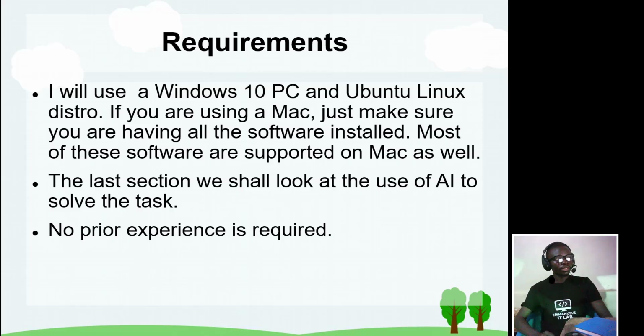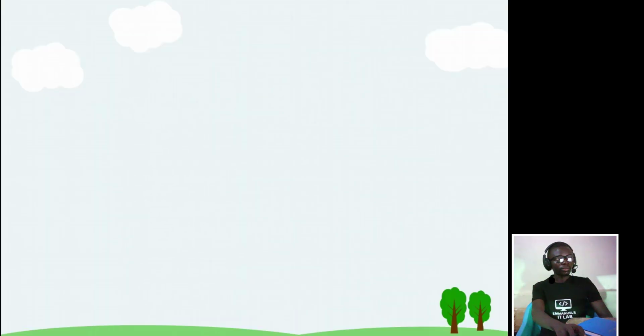You also need a Windows 10 or 11 PC. In case you're using Ubuntu or Mac, it is okay. You only need to have all the software installed. In the last section, we shall see how to use AI to solve that very problem. A keynote is that no experience is required.